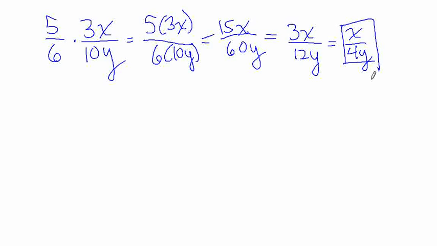Okay, so that's how you do multiplication. So you see that with variables, it's not much different than if we didn't have variables. Now, what I would suggest is you reduce as fast as possible, because small numbers just make everybody's life easier.